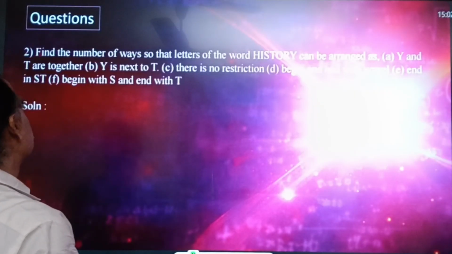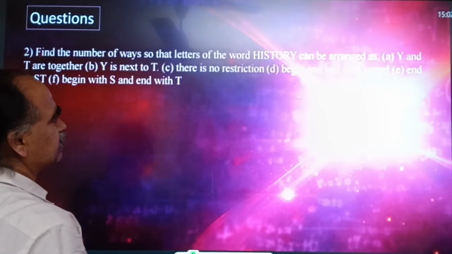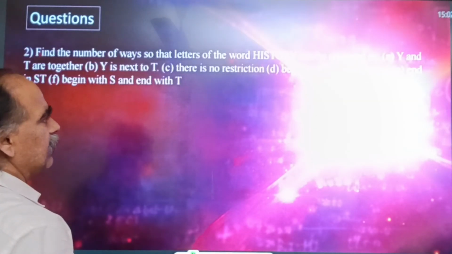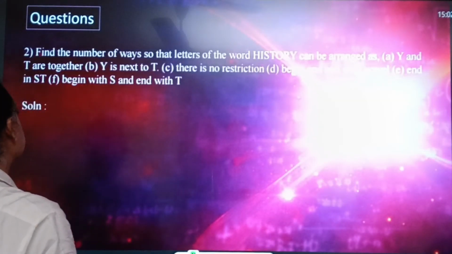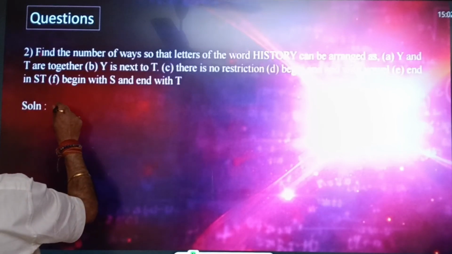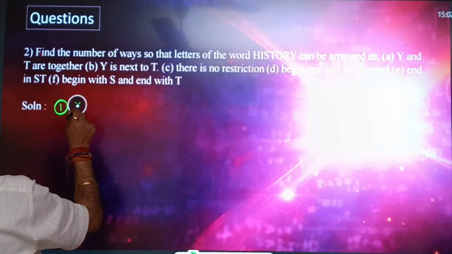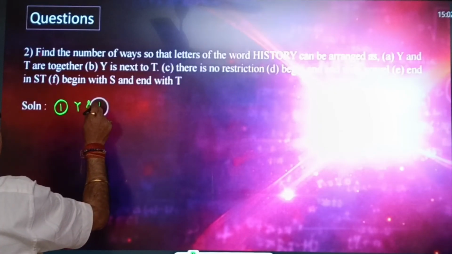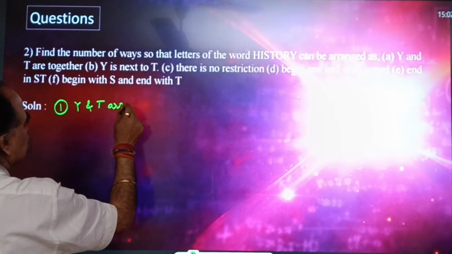Next problem is: find the number of ways so that the letters of the word HISTORY can be arranged as number 1, Y and T are together.